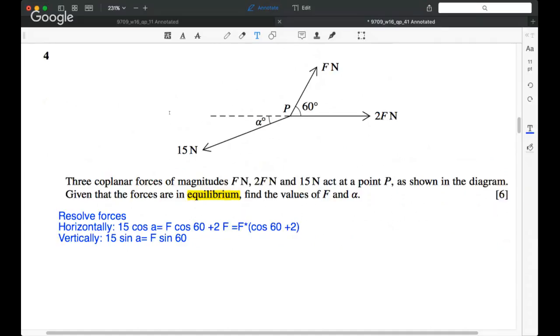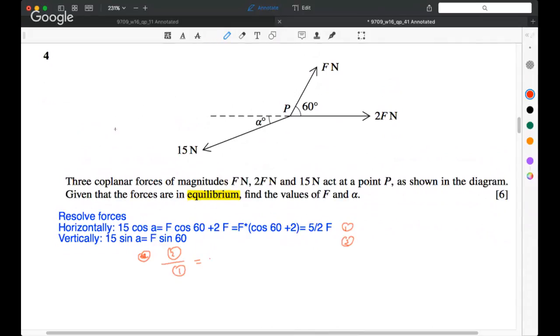So that equals 5 over 2 F. And what you do now is you divide one by the other. Let's say this is equation 1, equation 2, and you divide equation 2 by equation 1.